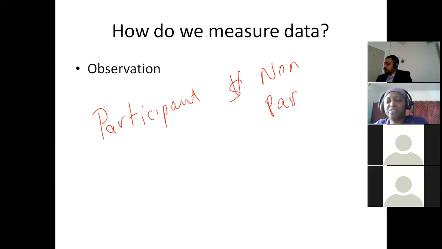When you're observing data, you're observing in both situations, right? In one situation, you are not participating, which means you're at a long-term care facility, you're observing, you're not being part of it, right?